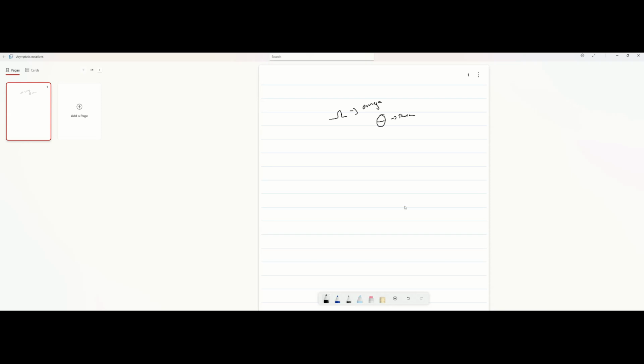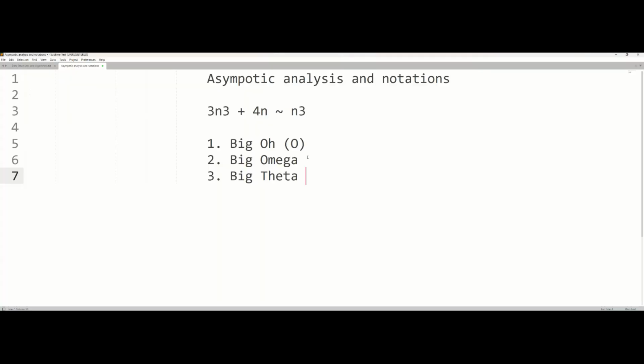So what is the purpose of these three representations? The big O representation is called the worst case time complexity. Worst case means the maximum amount of time the algorithm can take to execute, for the largest value of n.